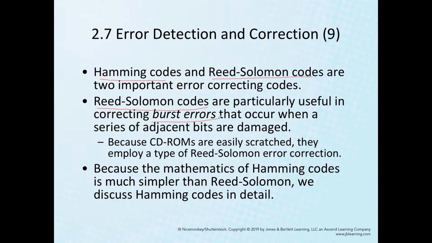When you get a scratch on the CD-ROM surface, a block of data gets errors, so it's a kind of burst error. So the Reed-Solomon error correction algorithm is best for that. But the Hamming codes are very simple compared to Reed-Solomon. So in this class, we will just learn the simple ones, Hamming codes, in detail.